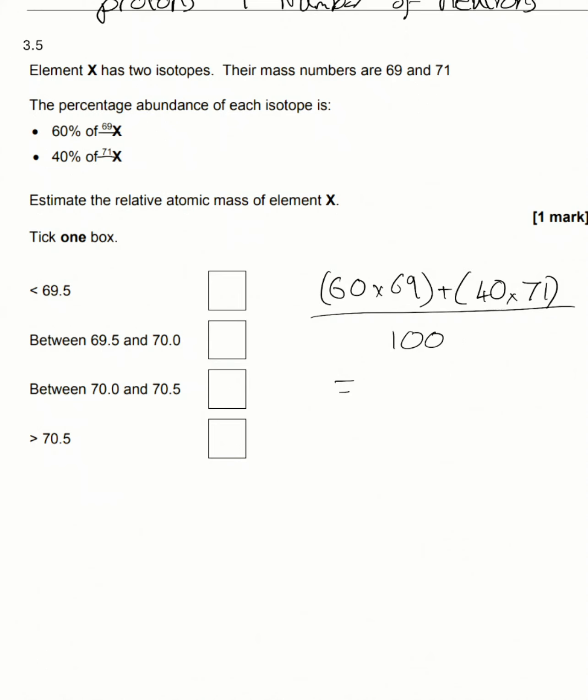And if we put that into our calculator, 60 times 69, close brackets, plus, open brackets, 40 times 71, close brackets, press equals, and divide by 100, we get 69.8, which is that answer there.